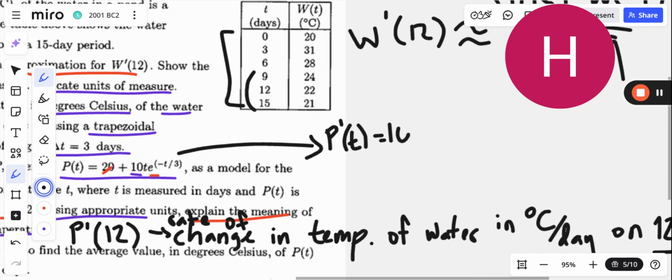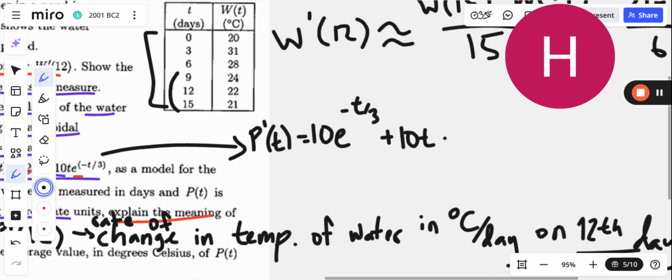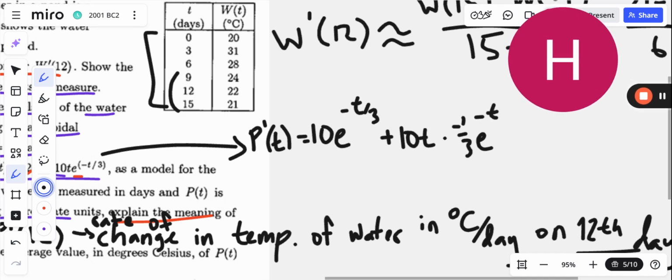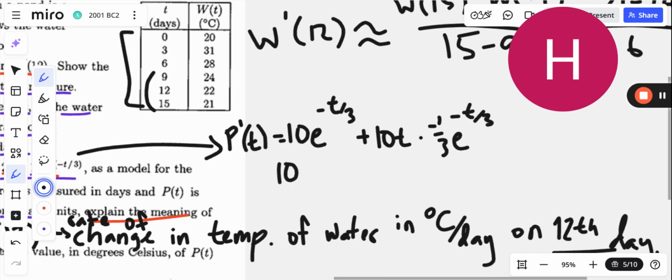We're going to have 10 e to the negative t over 3 plus 10t times negative 1/3 times e to the negative t over 3. So if I factor out 10 e to the negative t over 3, I end up with 1 minus 1/3 t. Interesting.